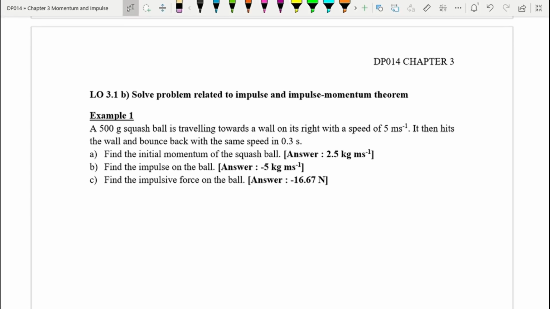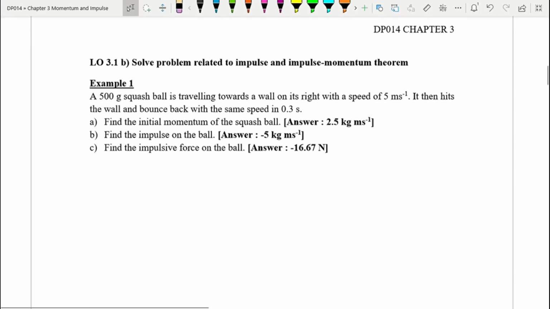kita tengok the first example in this chapter. We are going to solve problem related to impulse and impulse momentum theorem. Okay, so let's read the question together. A 500 gram squash ball is traveling towards a wall on its right.